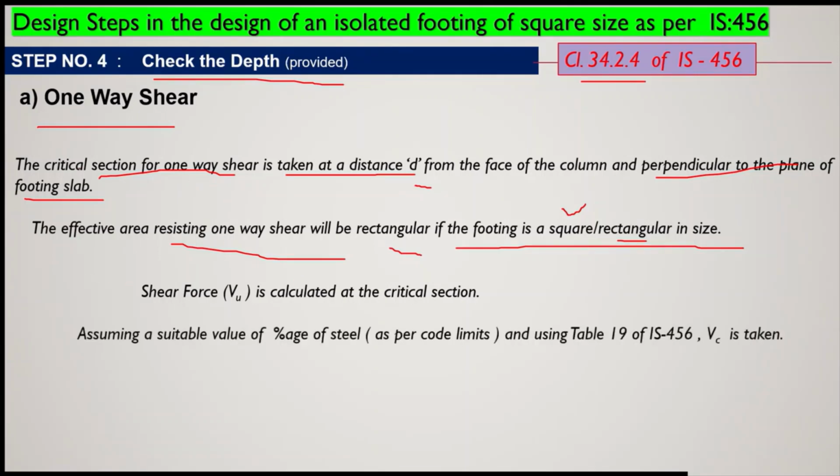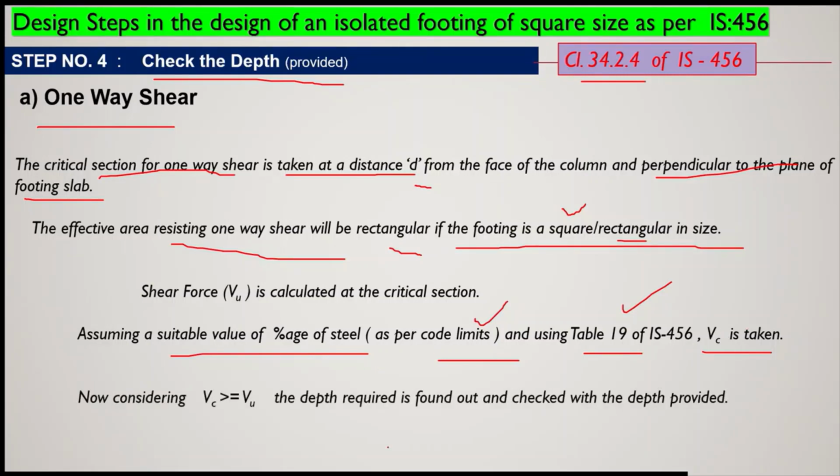Then after finding out the VU, we will be assuming a suitable percentage of steel as per the code limit. That means we will be going to the table number 19 of IS-456, and from table number 19, first of all, we will be assuming some percentage of steel within the limits prescribed by the Indian Standard Code, and from that percentage of steel and taking the grade of concrete from table number 19, we can find out what will be the shear force which can be resisted by concrete.